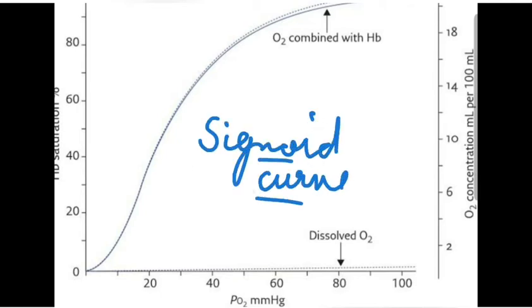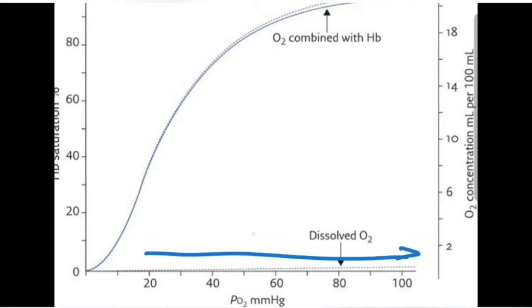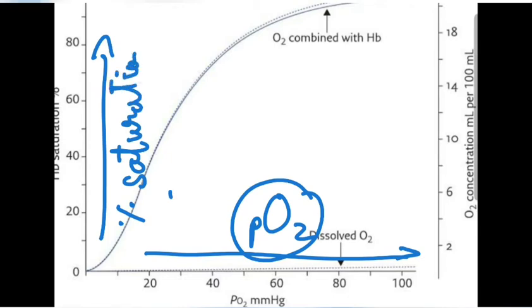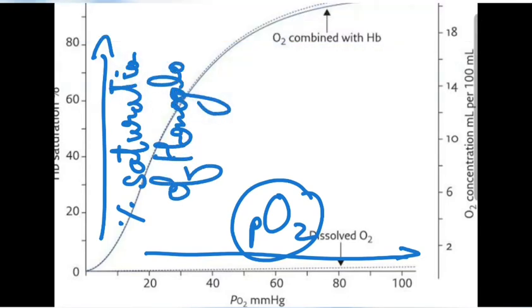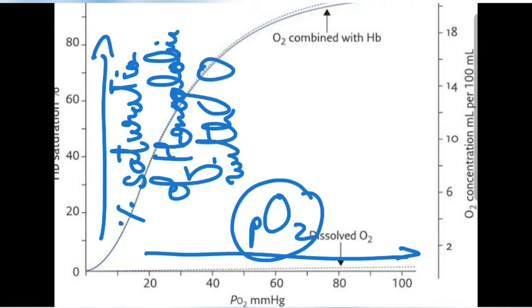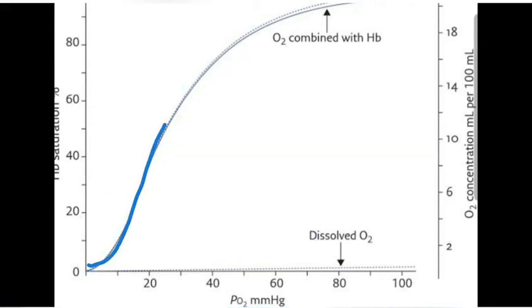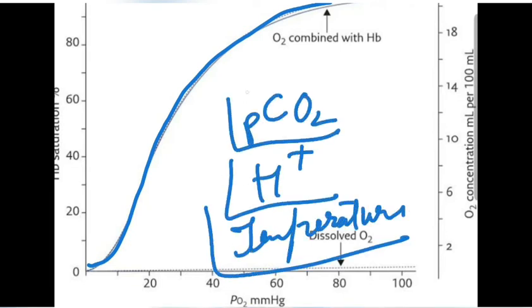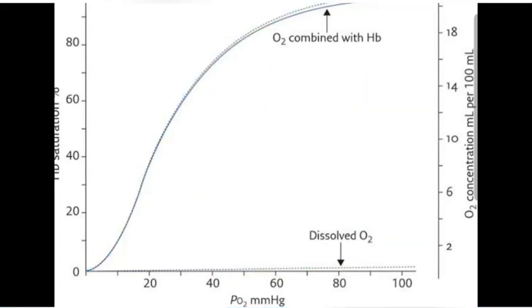On the x-axis of this curve we have partial pressure of oxygen in mm Hg, and on the y-axis we have percentage saturation of hemoglobin with oxygen. Here you can clearly see that as the pressure increases, the percentage saturation of oxygen also increases, and this graph can be used to determine the effect of partial pressure of carbon dioxide, hydrogen ion concentration and temperature on oxygen.